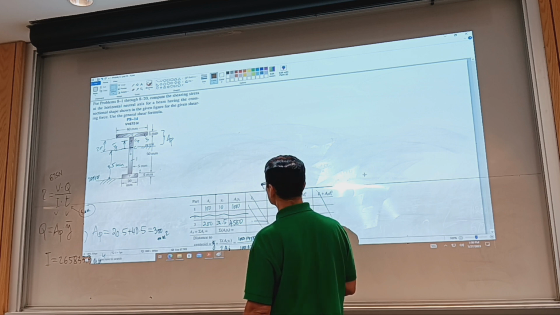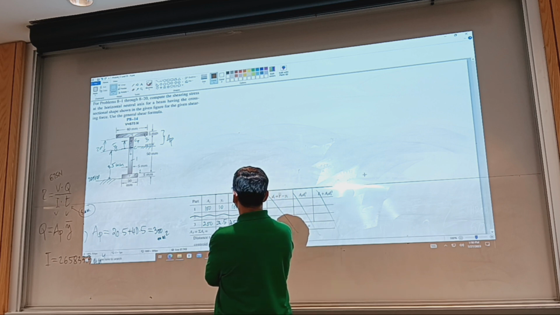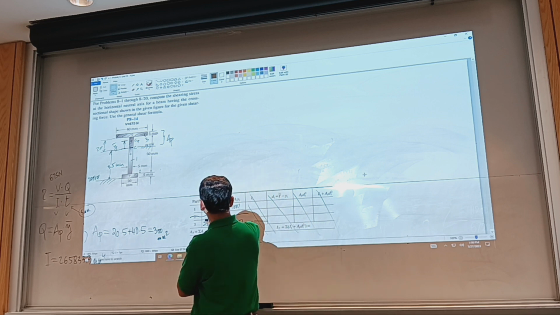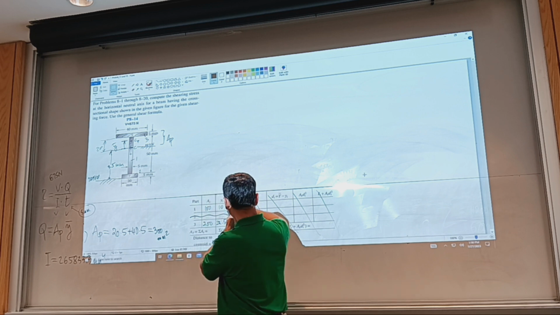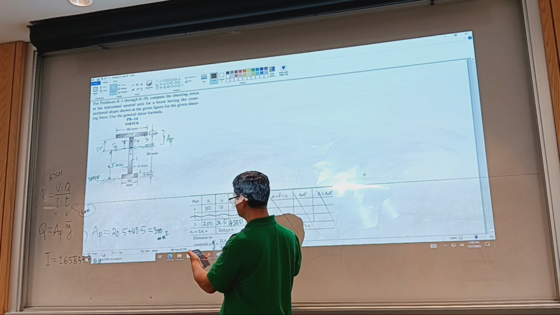Did I miss anything? I add these two and then divide by the sum of areas. That's how it works. But I don't get a reasonable number.